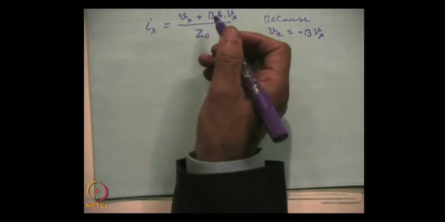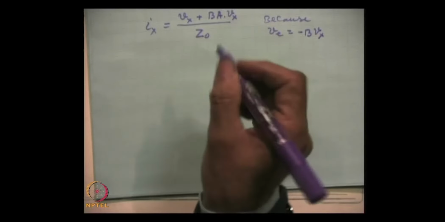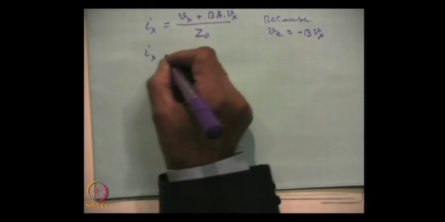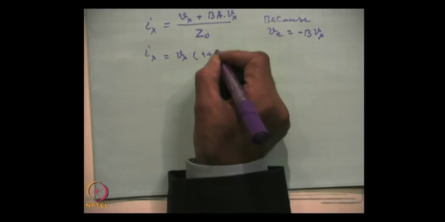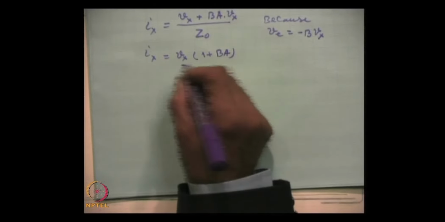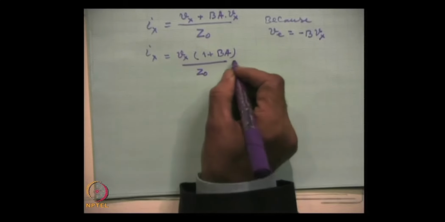From here we come out to be I x is equal to V x, we take common, 1 plus B A by Z 0.